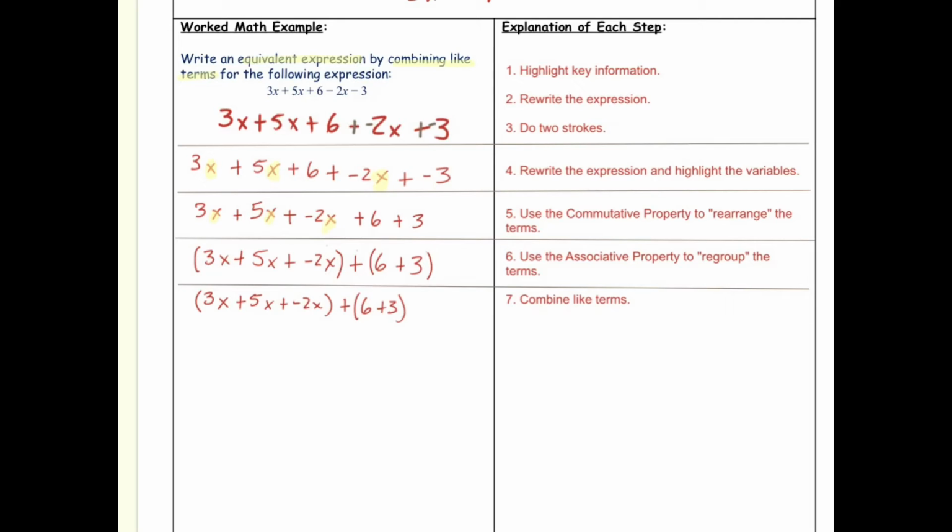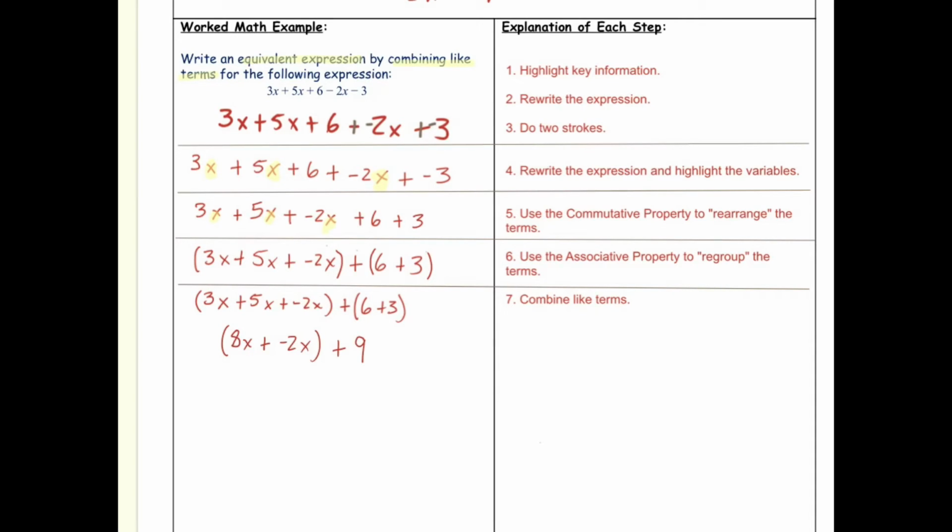So 3 plus 5 gives us 8x, plus negative 2x, plus we have 6 plus 3, they're the same team, so we have 9.